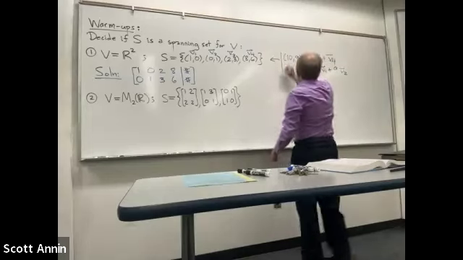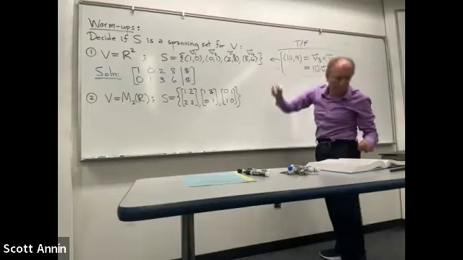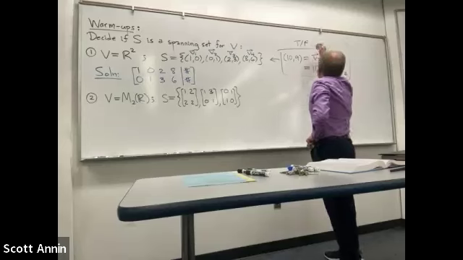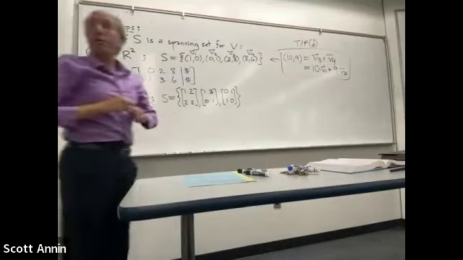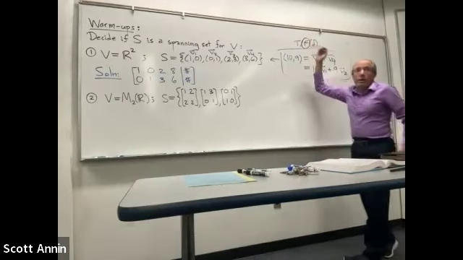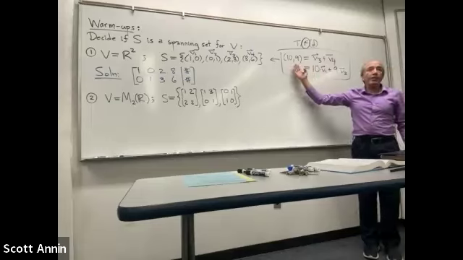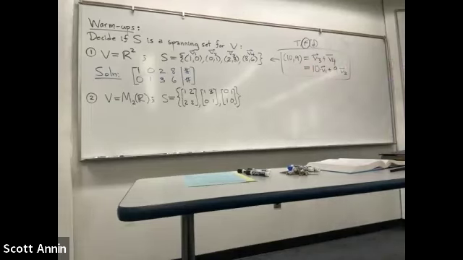So right now, guys, if you want to know, I'm doing true-false item D from the homework assignment. Is it true that every vector in your vector space can only be written one way in terms of your spanning set?